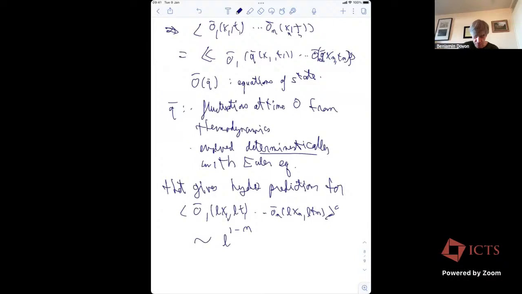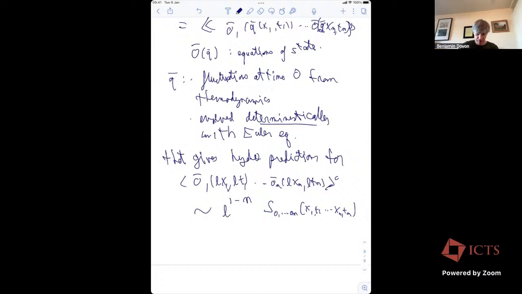N is the number of observables there. And there's a function in front of it, usually denoted S, that depends on the observables O1 up to ON, and on the positions x1, t1 up to xn, tn. And the hydro prediction is for this quantity. These are called the universal Euler scale amplitudes, or Euler amplitudes, of correlation functions.